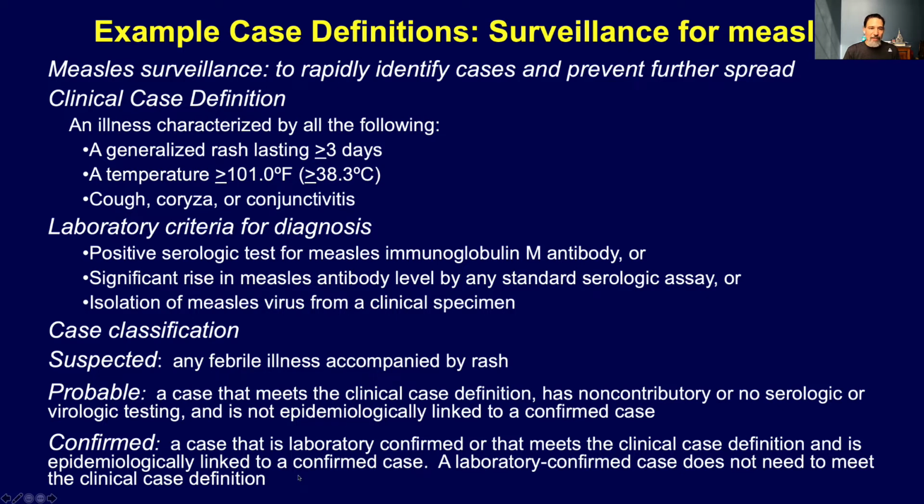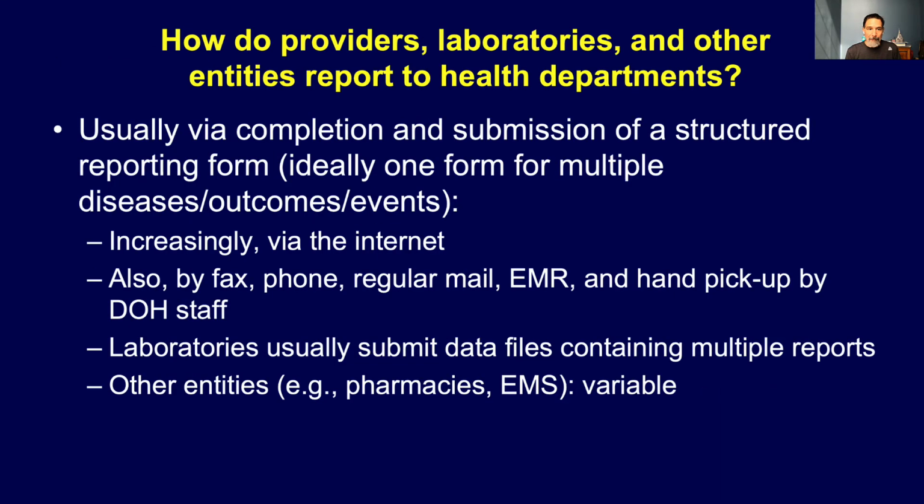And a confirmed case is someone that meets all of these criteria for lab and clinical and is epidemiologically linked. So this is an example of a case definition that includes epidemiological exposure information, which must come by definition from field investigation on the part of the health department.